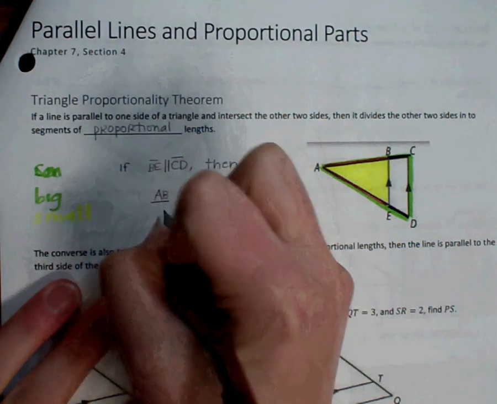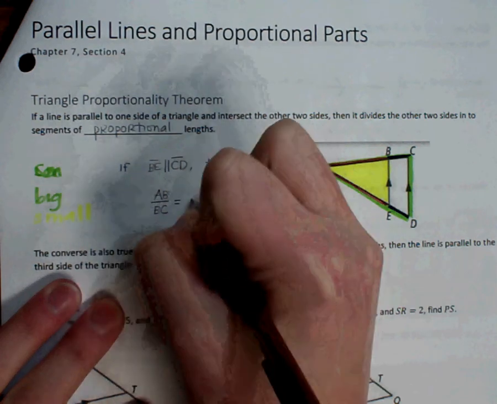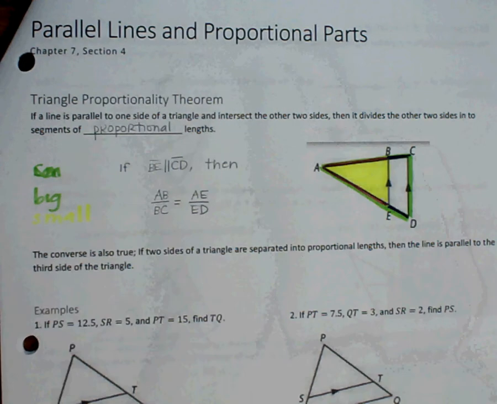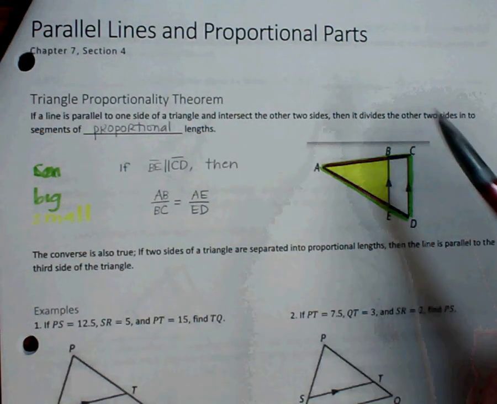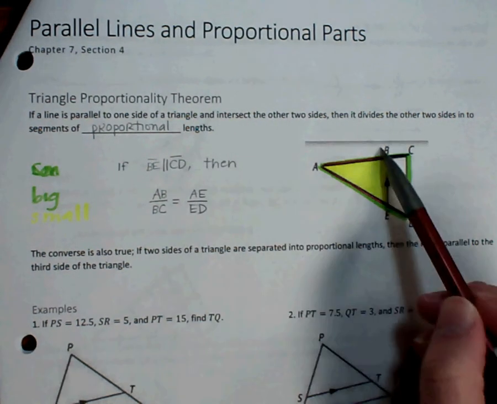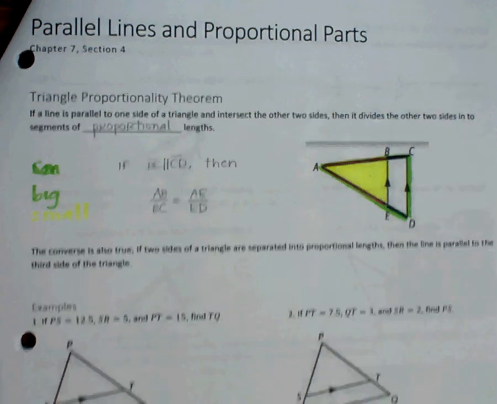Those parts are now proportional. And we can set up a proportion that way. And the converse is also true. So if you know that these parts are proportional, then this line is parallel to that third side of the triangle.